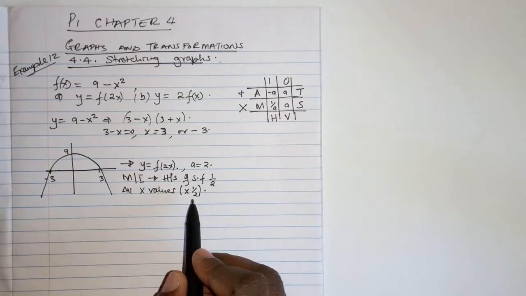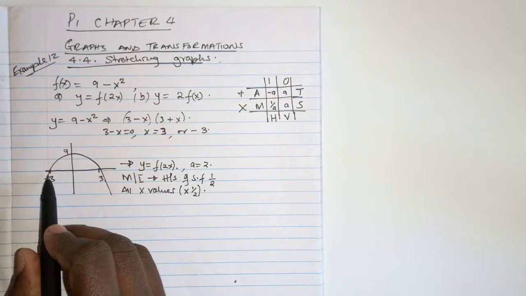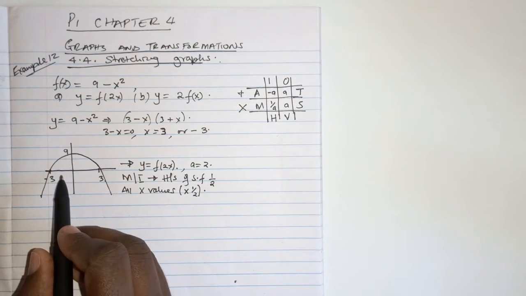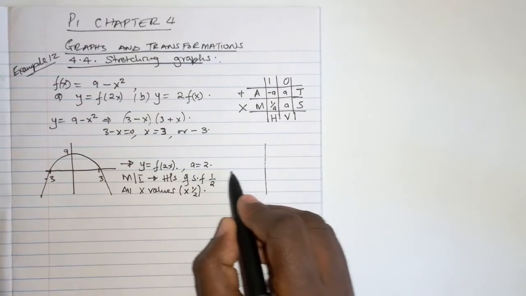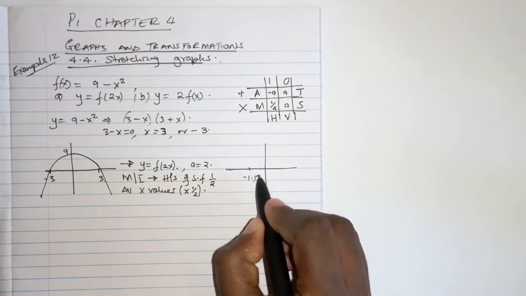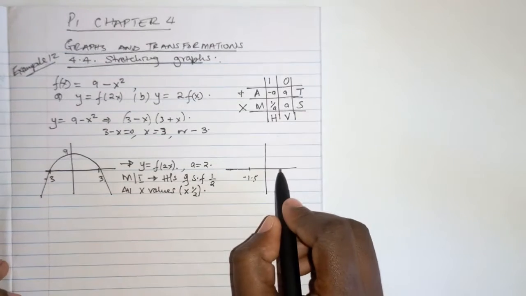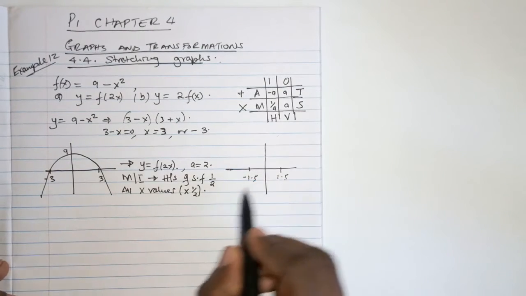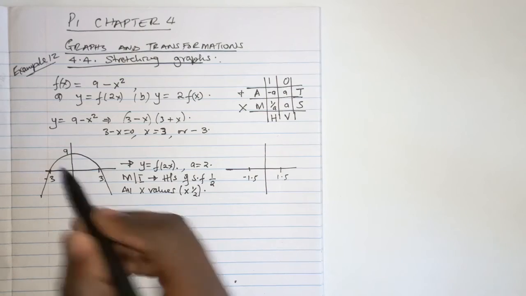If we multiply all x values by a half, -3 times a half becomes -1.5. So our graph now changes into -1.5. 3 times a half shrinks to 1.5. And 0 times a half remains 0.